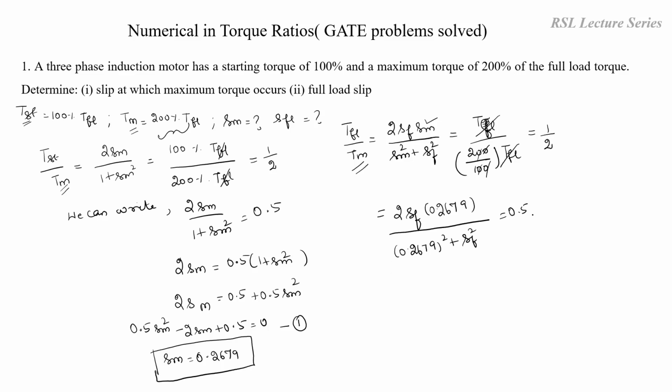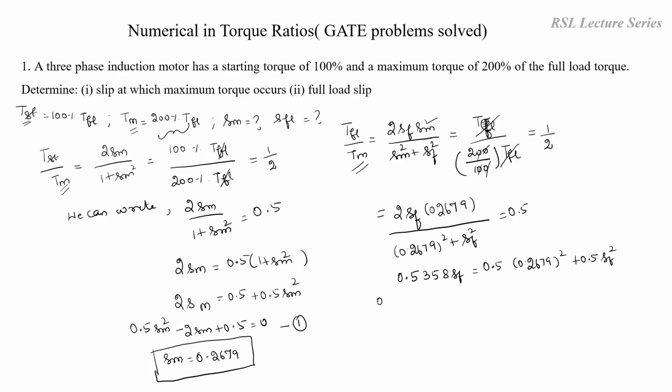Again, we have to cross multiply these two. So on this side, 2 into 0.2679 can be written as 0.5358 Sf. This is equal to 0.5 into 0.2679 whole square plus 0.5 Sf square.